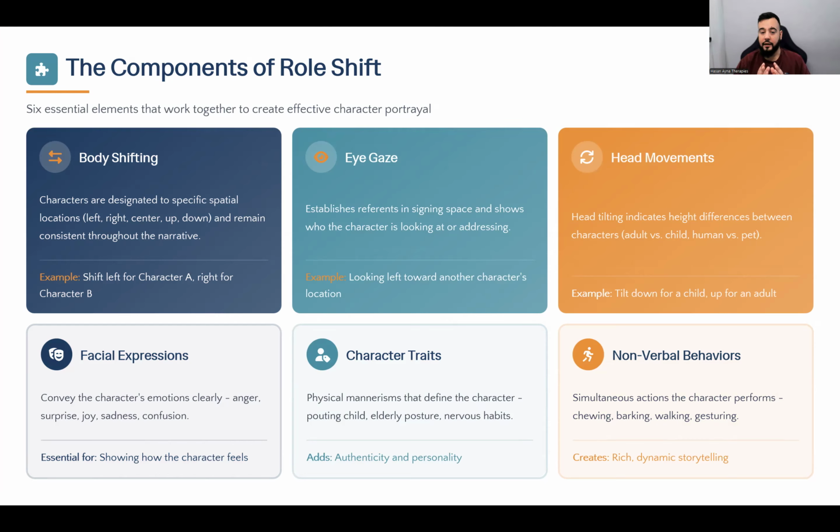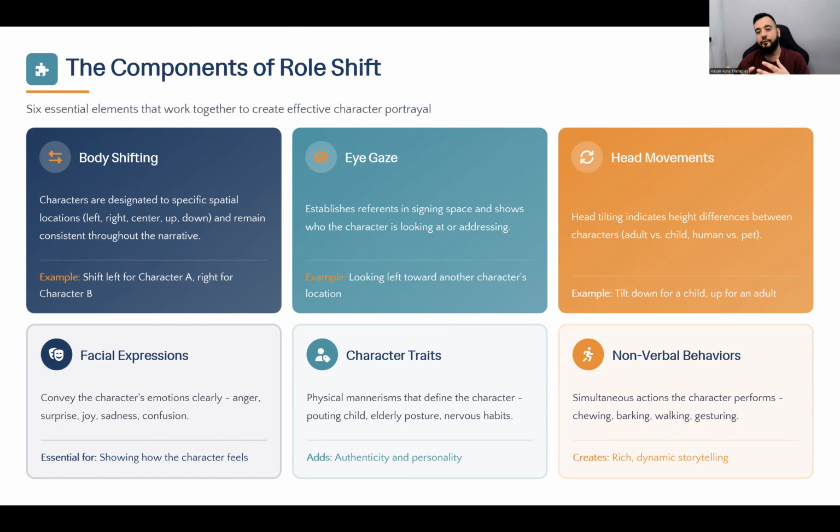Character traits and their mannerisms show us a shift in roles. So it could be an elderly person, their posture, or the pouting child with their lips pouting, the nervous habits that the character might have. This adds authenticity to the character.